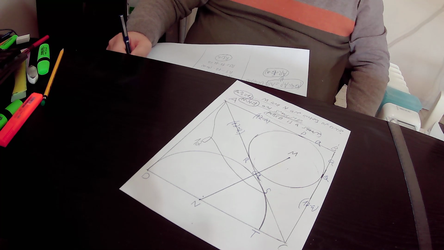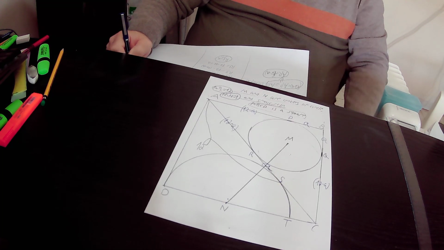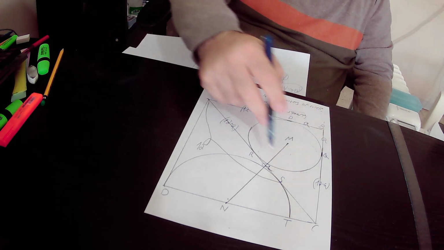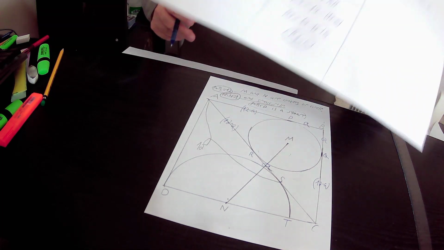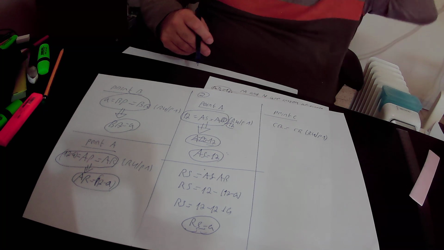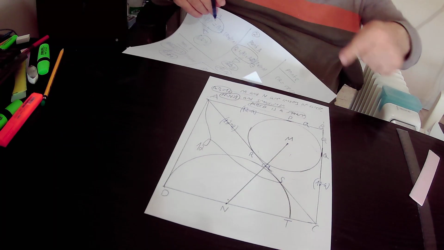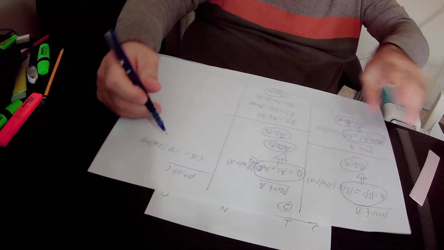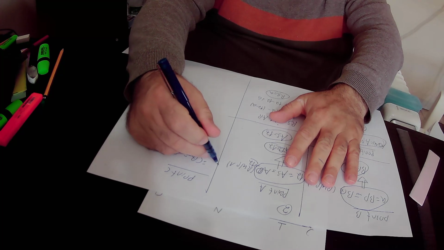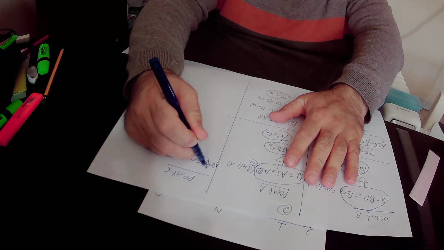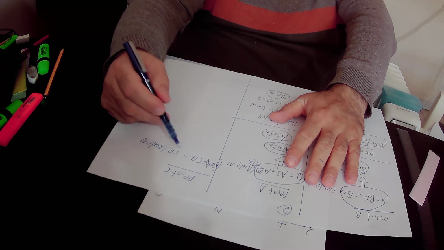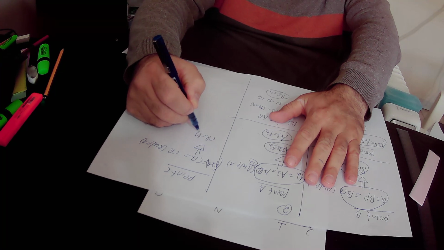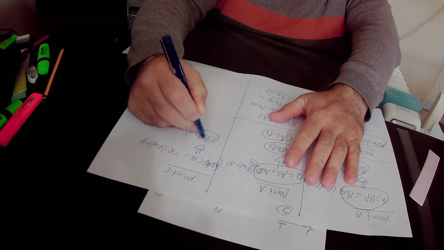And according to rule number 1, those two tangents are equal to each other in their lengths. That is to say, CQ is equal to CR. But we have already found out that CQ equals 12 minus A. So we can write here that CQ equals 12 minus A. And from this equation, 12 minus A equals CQ equals CR, we will conclude that CR is also equal to 12 minus A. Very simple.